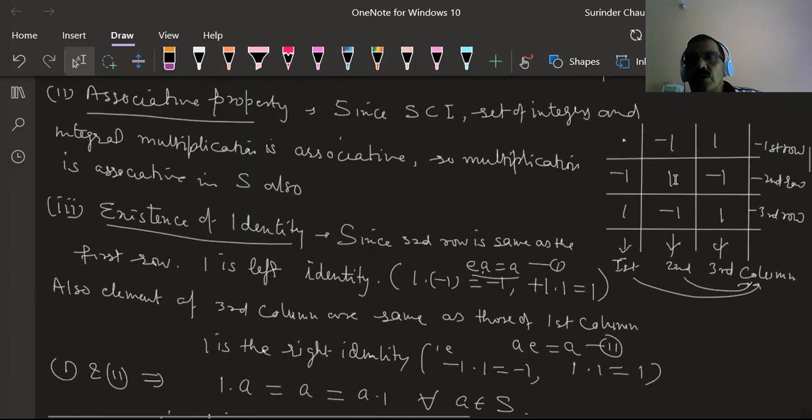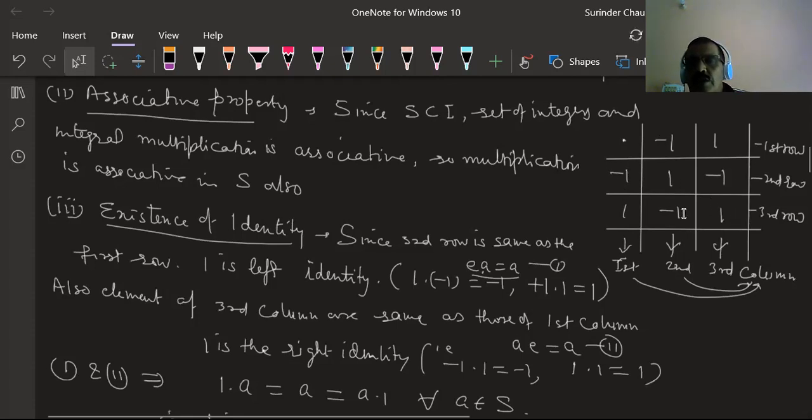This is 1. So this will act as a left inverse of this element, so a into b is equal to 1, and this will act as a right inverse. Minus 1 into minus 1 is 1. So this acts as a right inverse of this, and this will act as a left inverse of this.